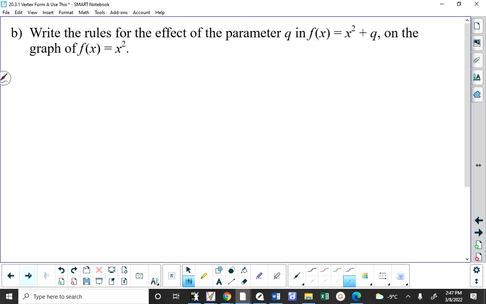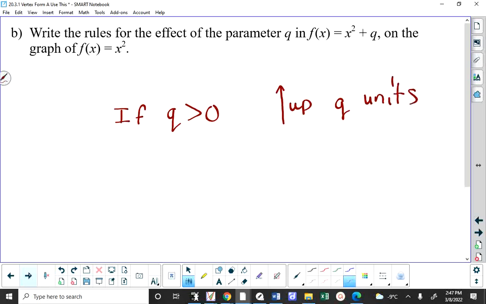And that's what we're going to conclude. What is the rule? If q is positive, it shifts up q units. If q is negative, it shifts down q units. And again, you haven't learned this thing called absolute value yet.